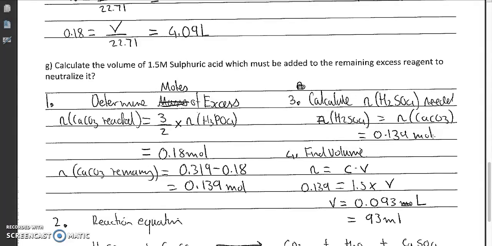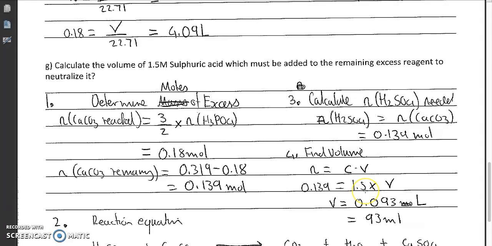The last step is to convert that into a volume because you have the concentration of the sulfuric acid, and you need to find the volume which will supply that amount of sulfuric acid. So you're going to use n equals CV. Your moles are 0.139, sorry.